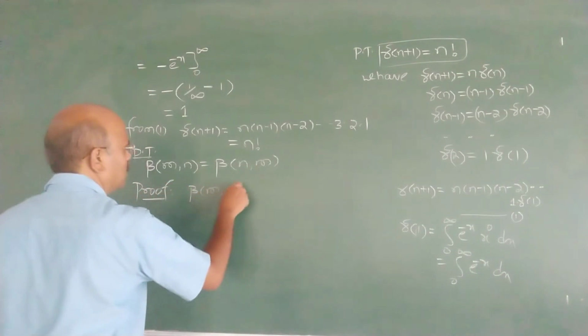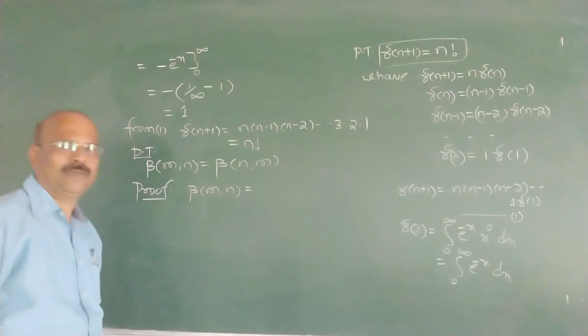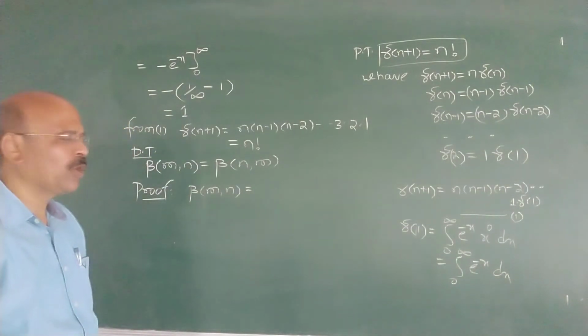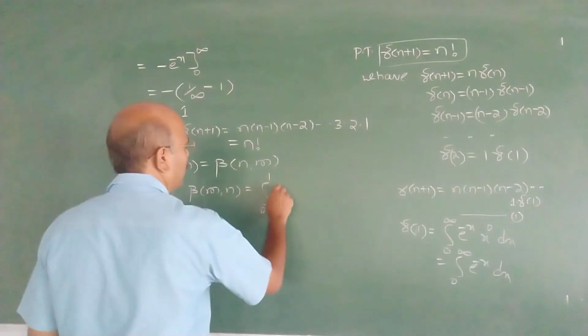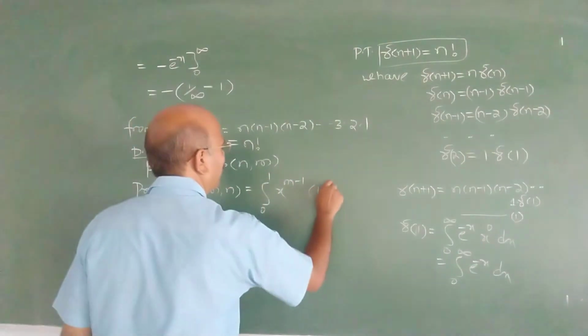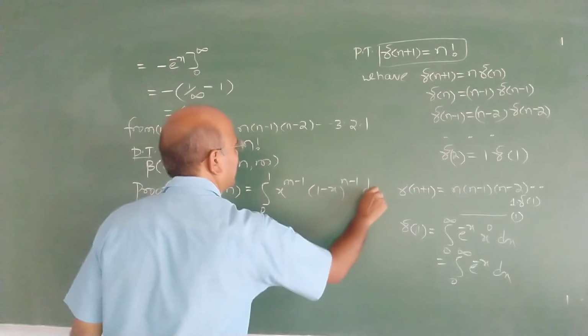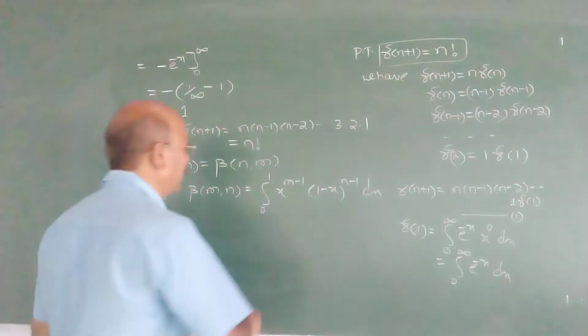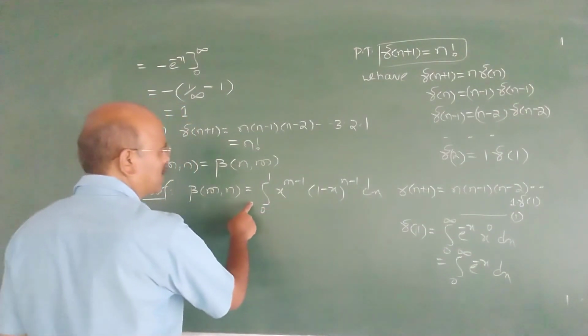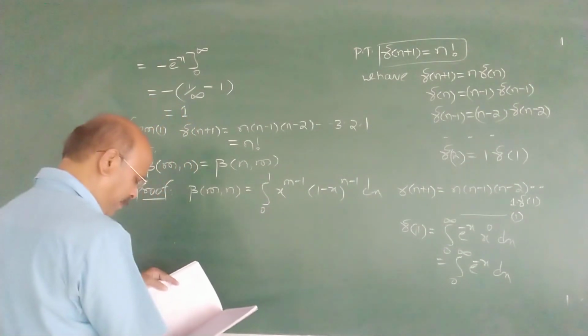I think you remember these definitions. They are standard improper integrals, beta and gamma functions. What is beta mn? The integral from 0 to 1, x raised to m minus 1, 1 minus x raised to n minus 1 dx. This is beta mn. We prove that it is the same as beta nm.